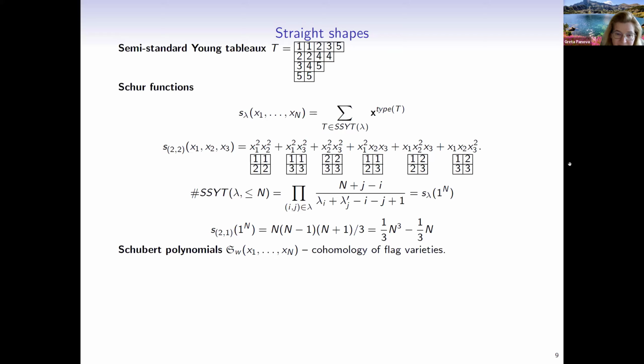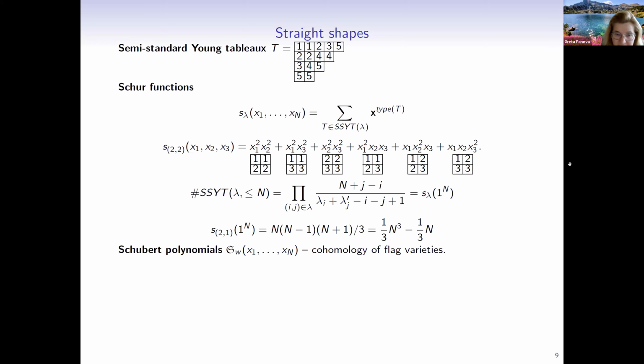But there is a generalization of Schur functions, which is the Schubert polynomial. You probably know more about it than I do. These are indexed now by permutations. They are not necessarily symmetric, and they encode the cohomology of flag varieties.